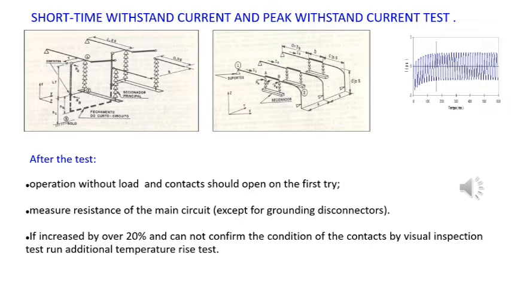For this test, we simulate the situation of a short circuit occurring in some parts of the substation. In the case of the isolators that we see in the figure, we apply this short circuit in the main blades or also in the earthing blades.